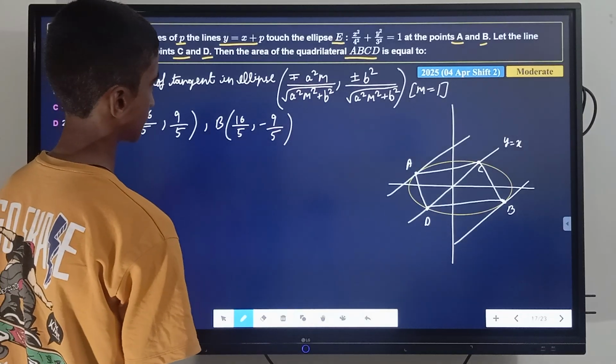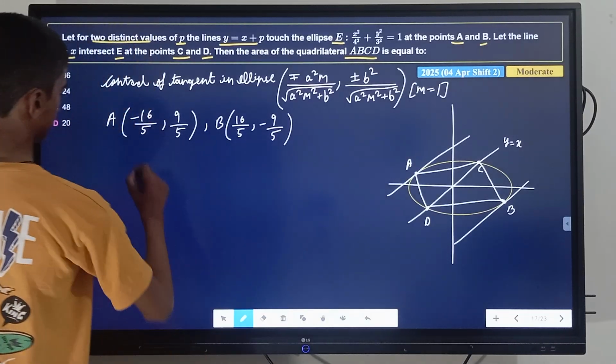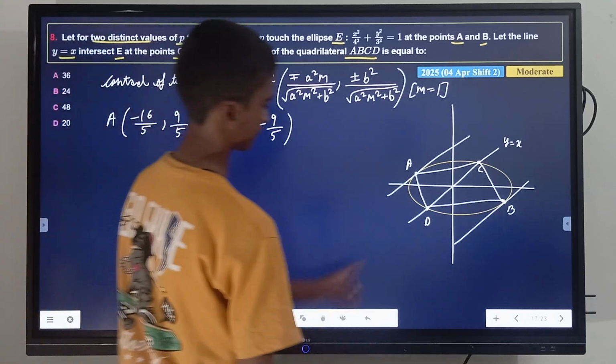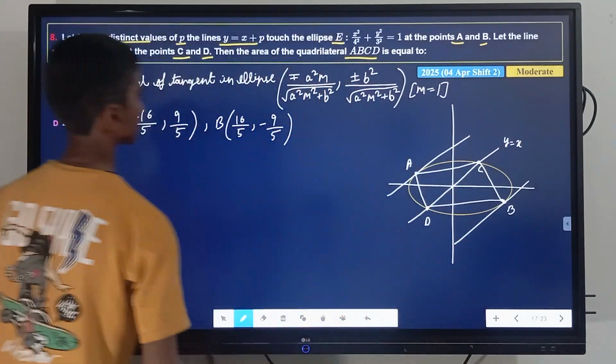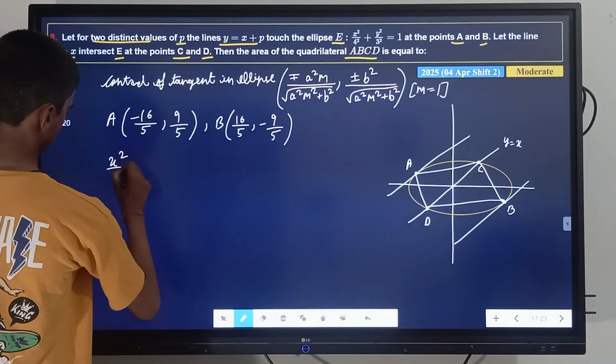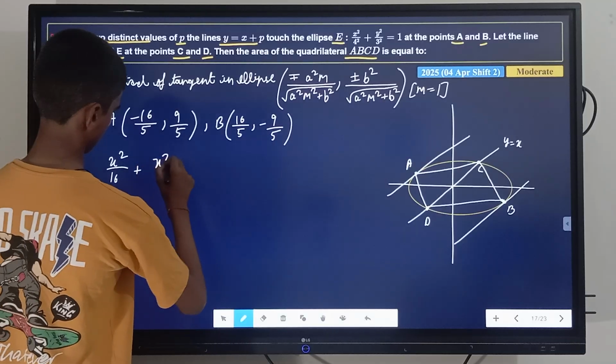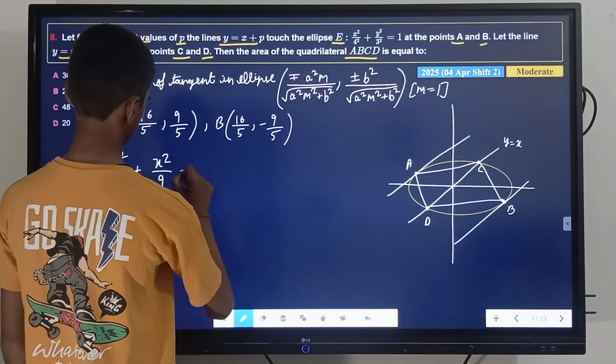Now let's put y is equal to x in the ellipse. We are putting it to find the values of D and C. We are going to get x square upon 16 plus x square upon 9 is equal to 1.